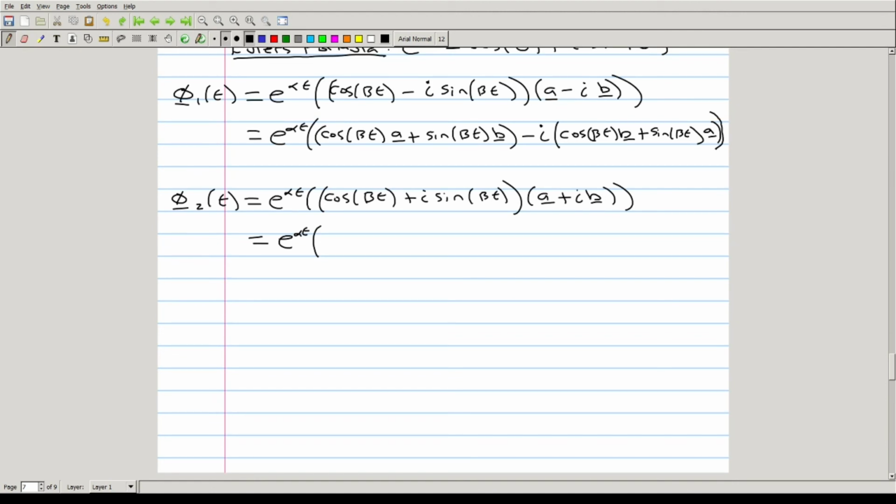And for phi2 of t, this is going to be cosine of beta t times a minus sine of beta t times b, which is this term times this term, plus i times cosine of beta t times b plus sine of beta t times a.